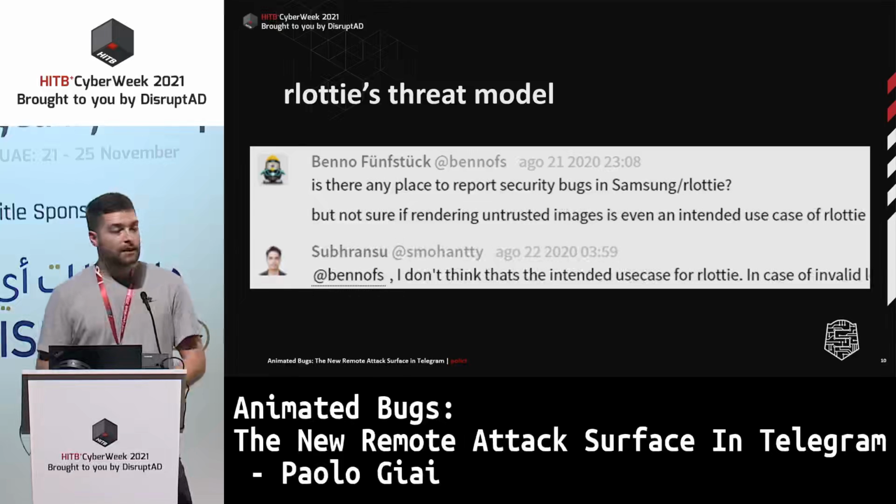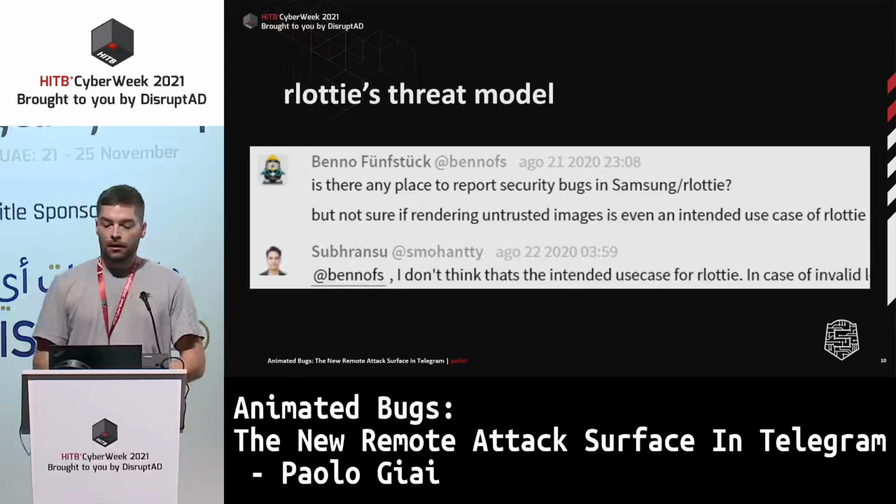This, of course, is a legit decision, but in the specific Telegram case, they have a different threat model, since animated stickers are basically Lottie animations, so you can send a custom Lottie animation to another user. So it's not really the same threat model, since you can pretty much create an animation from scratch and send it to the other client, and the other client will try to parse it and render it.